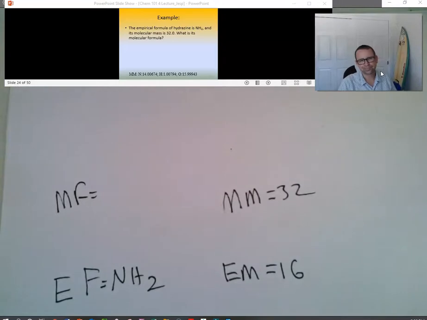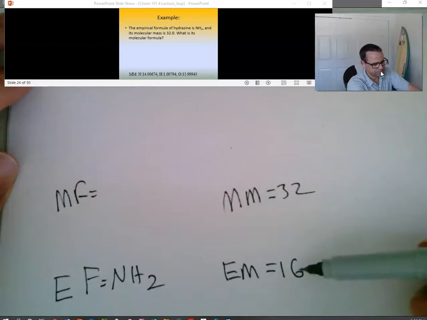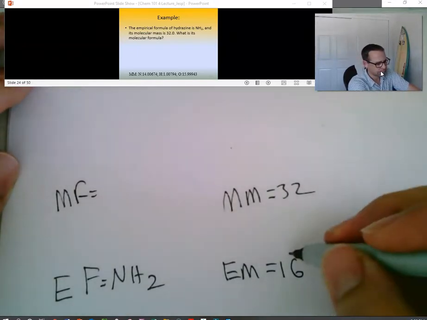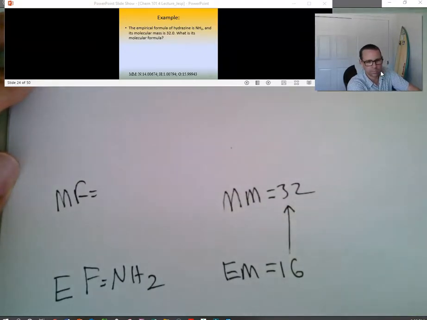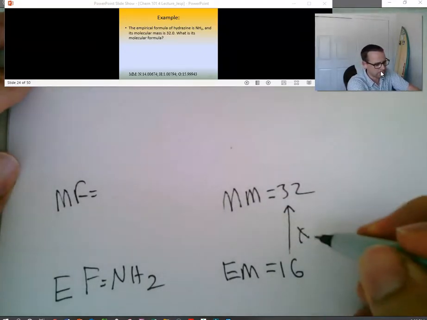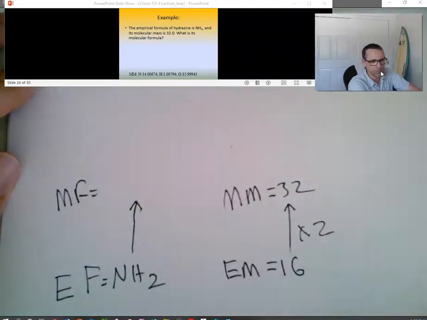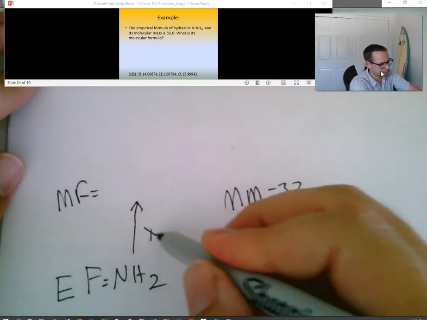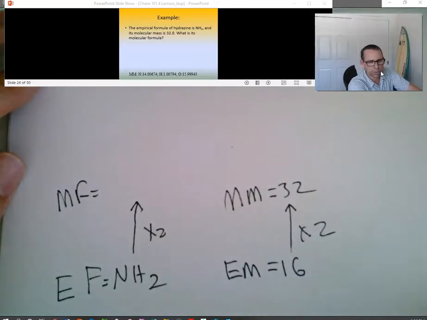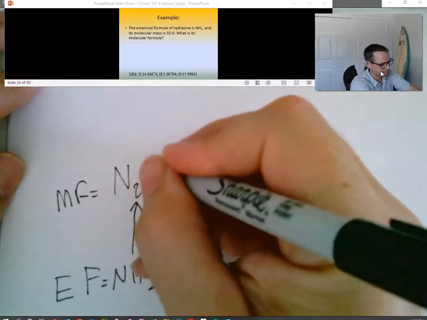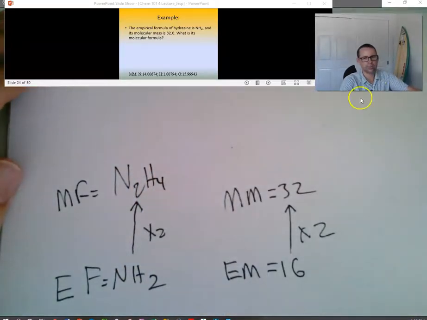So we see that the empirical mass is 1/2 of the molecular mass, so we would multiply by 2, right? That's right. Multiply by 2. So to get to the molecular formula, what would we do? So we're going to multiply that by 2. That's right. So what would our molecular formula be? N2H4. Very good. N2H4.